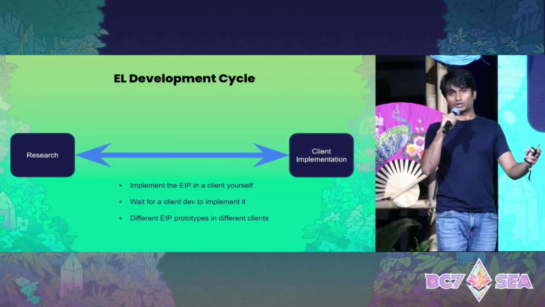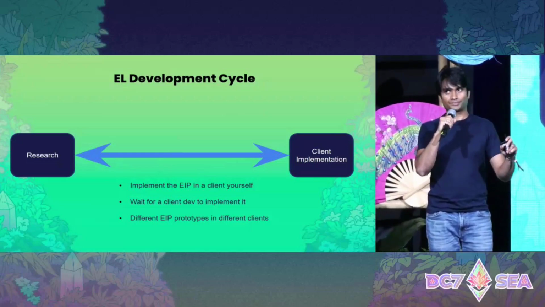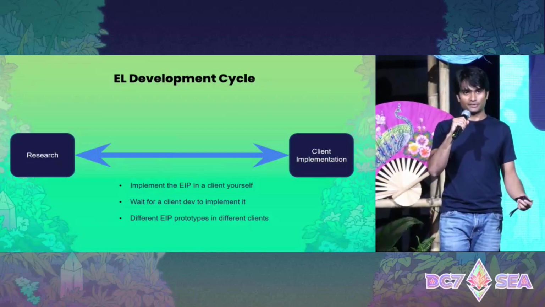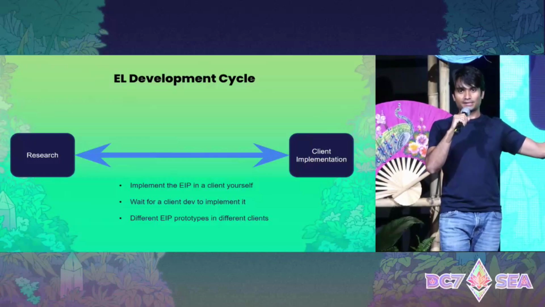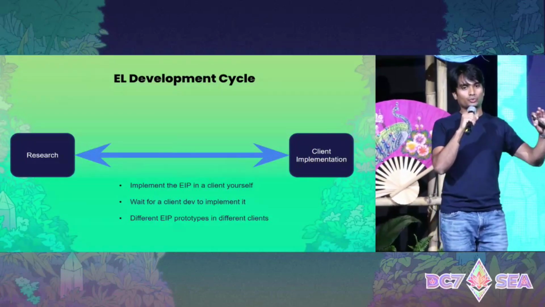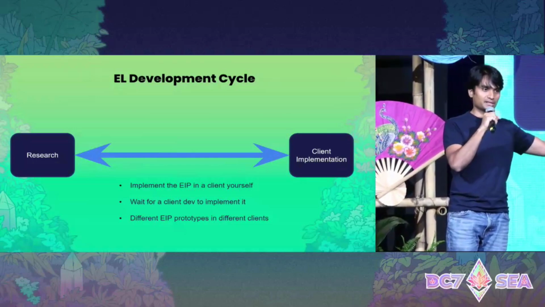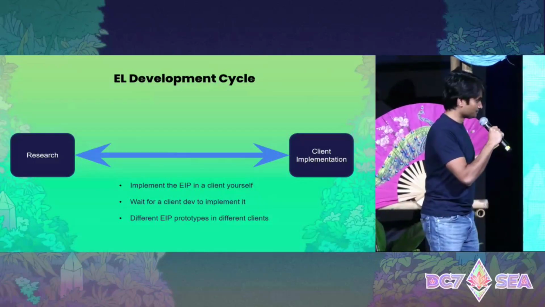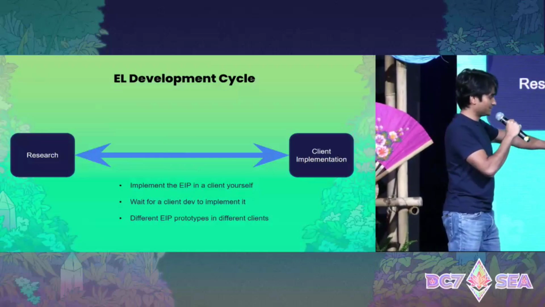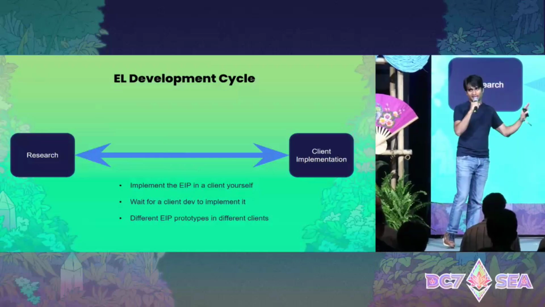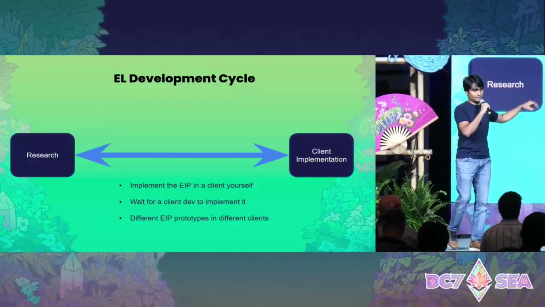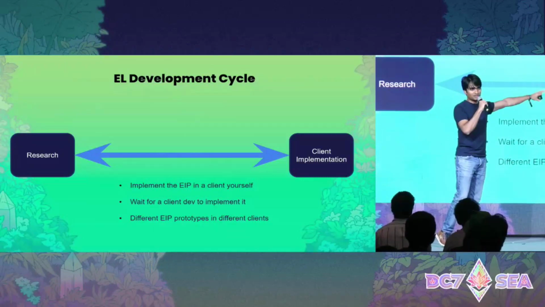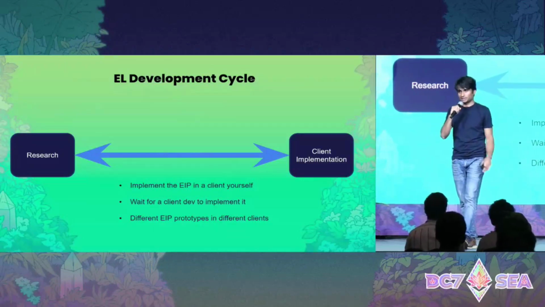So if we are to talk about EIPs and try to find out how EIPs might interact with each other, what the different side effects are, and they are on multiple different clients, it's a bit of a challenge. You have to wait for it to be implemented all in one place, and then you can answer some of those questions about interactions. So you will have the EIPs scattered in different clients with this kind of architecture, because maybe I should mention that when I talk about client implementations, we are talking about multiple different clients.